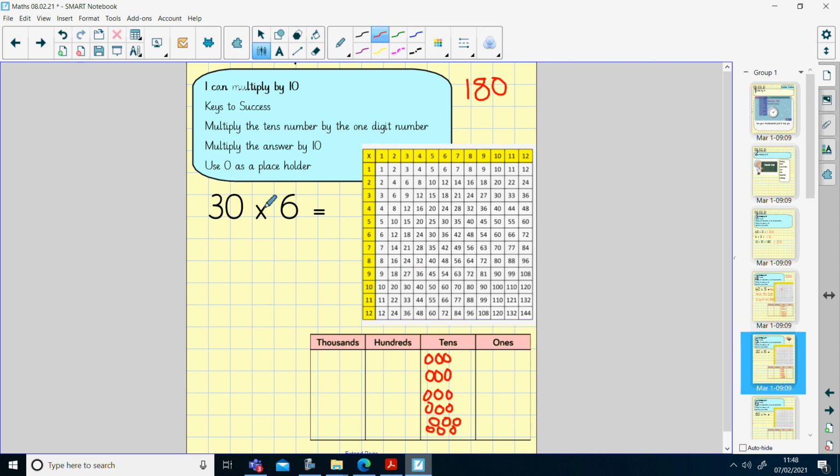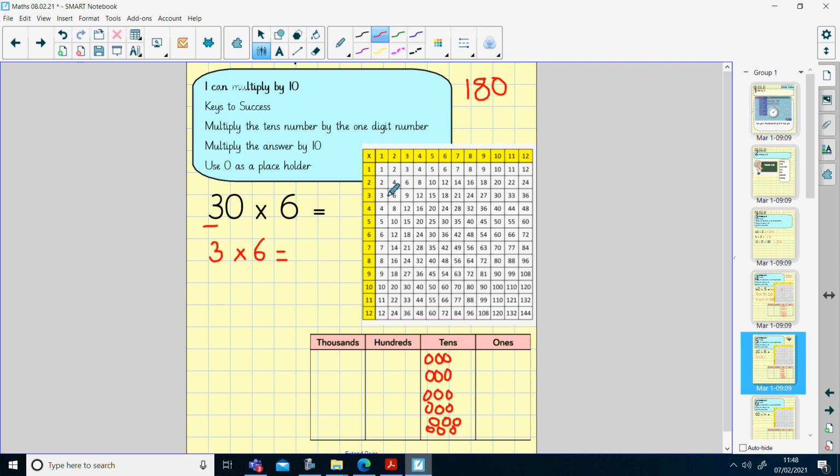So 30 times 6, multiply the tens number by the ones digit. So I'm going to multiply 3 by 6. You might know the answer to that in your head, which is fantastic because we should do, but if you want to double check it, you can use your times table grid.